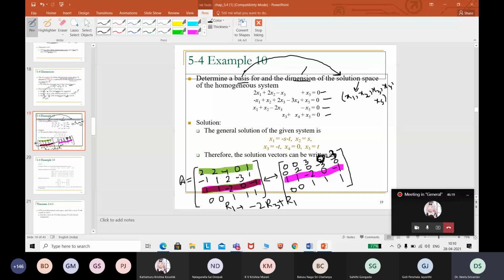Can the rank be reduced further? Or is there anything wrong, because here it is showing two parametric solutions, so it means the rank should be 3. Is the rank 3?